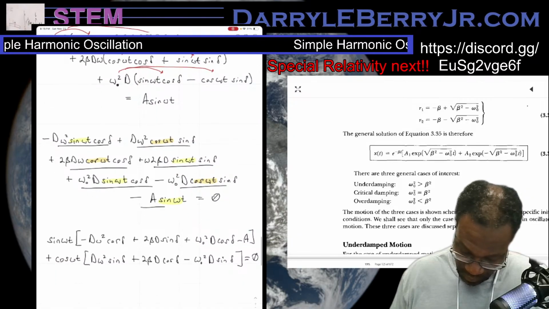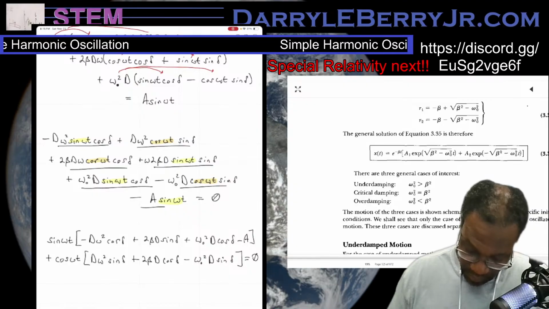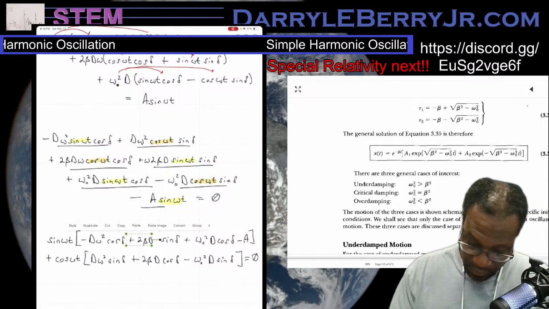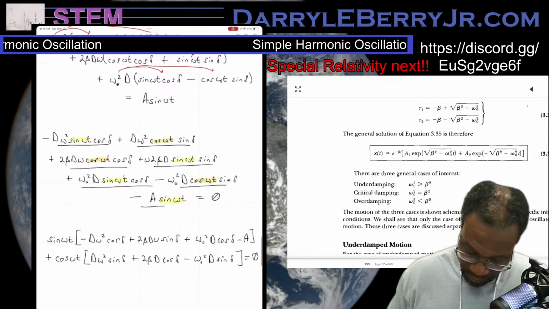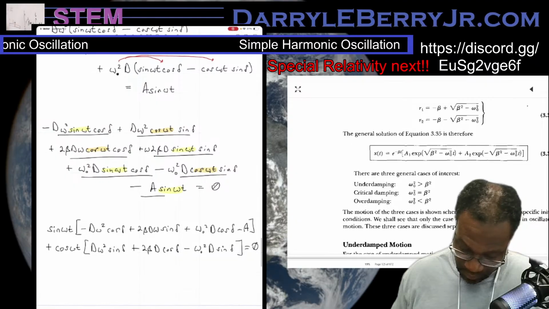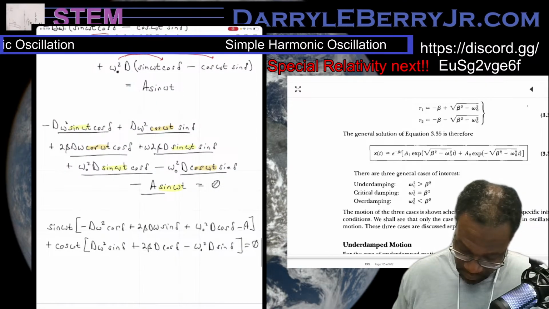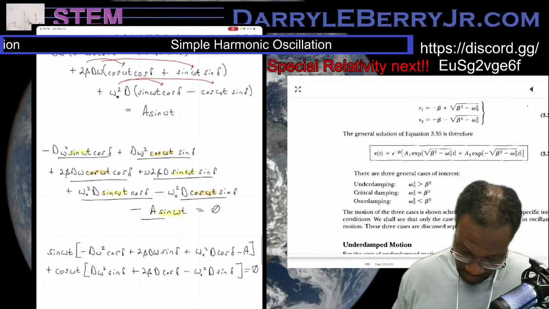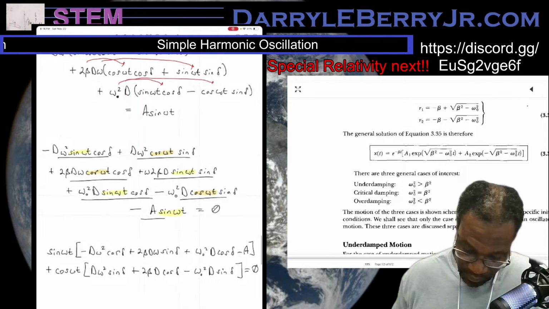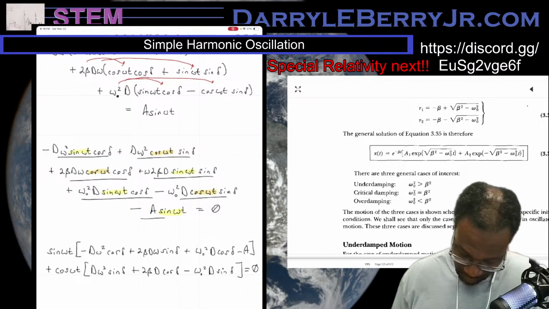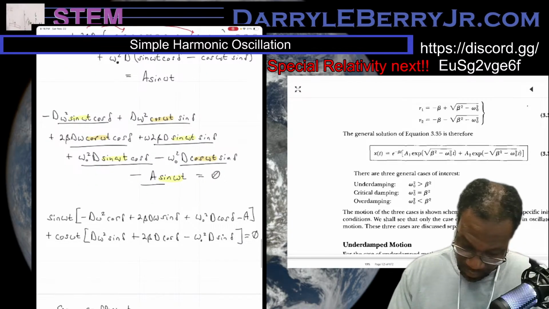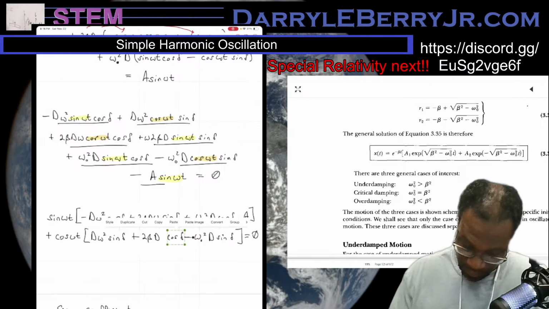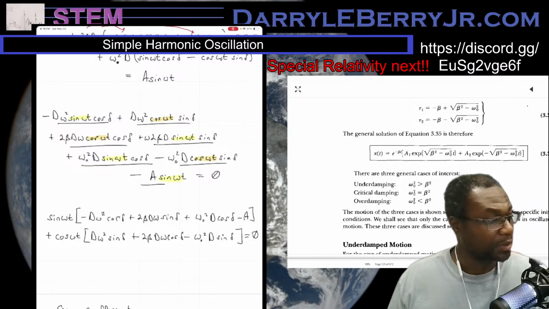And here, and the cosine is mentioned in omega. There we go. So now we have all of that worked out.